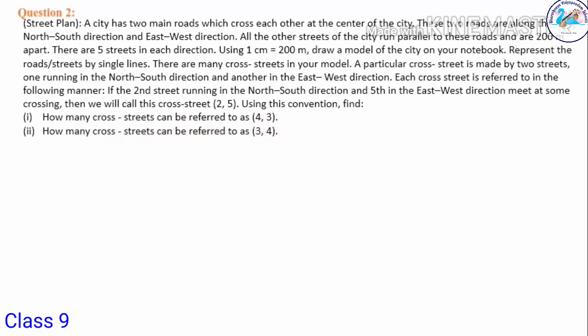Here we are asked to draw a street plan, and the first part of the question mentions a city has two main roads. These two roads are along the north-south direction and east-west direction. So let's draw these two roads first. One is in the north-south direction, another one is in the east-west direction.